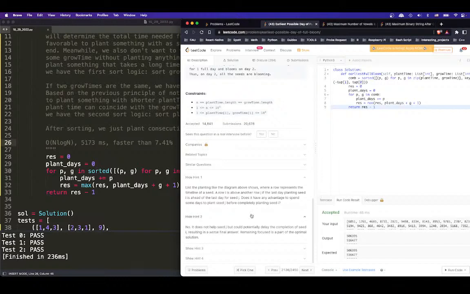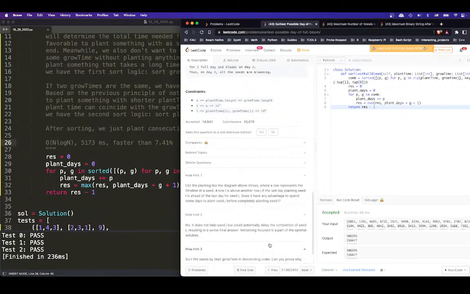Remain focused. Wait, what does this say? Yeah, this says remain focused. Because if you're jumping, you're wasting time. That's why you don't jump.